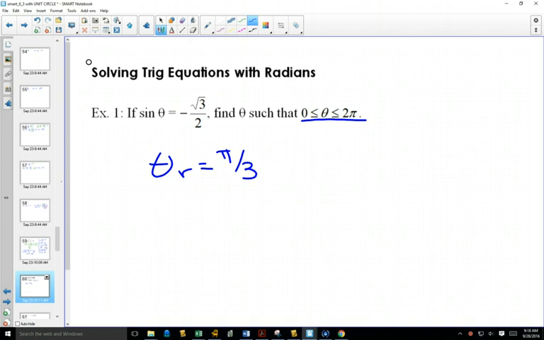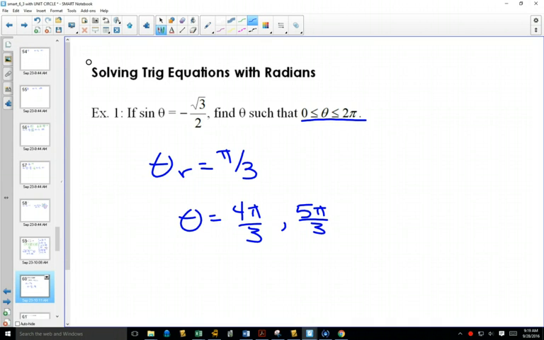What are my pi over 3 family members in quadrant 3 and quadrant 4? Well, in quadrant 3, we'd have one more than the denominator. In quadrant 4, if we double the denominator and subtract 1, we'd have 5 pi over 3. And we're done. That's all we'd have to do for this question.